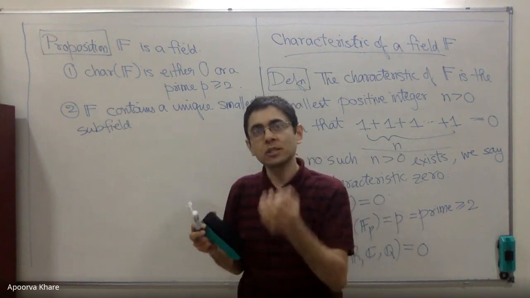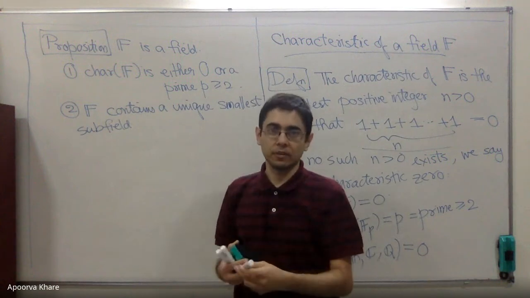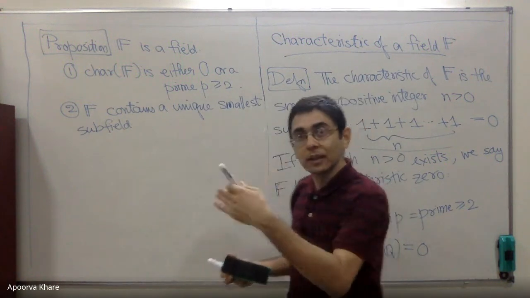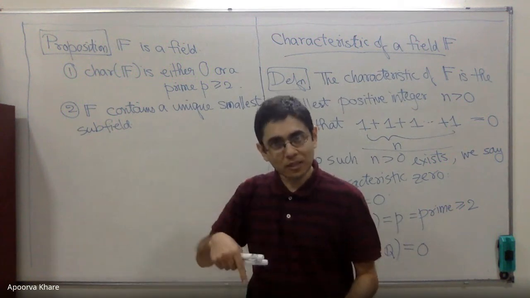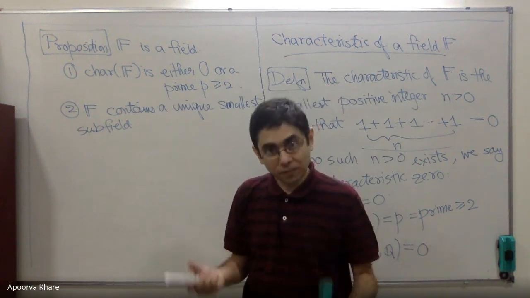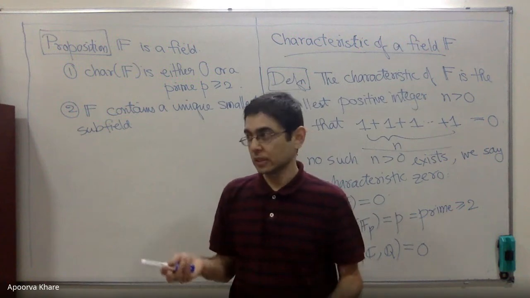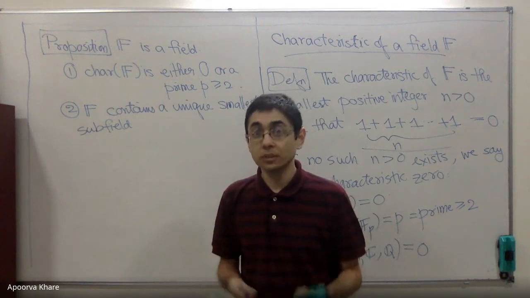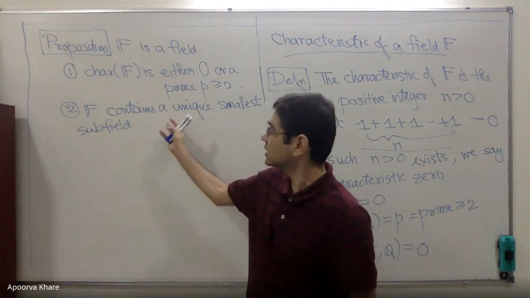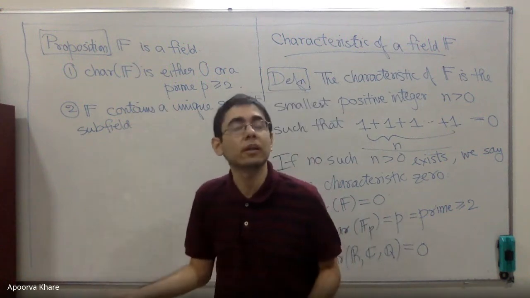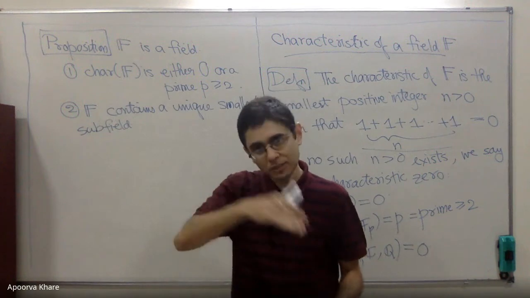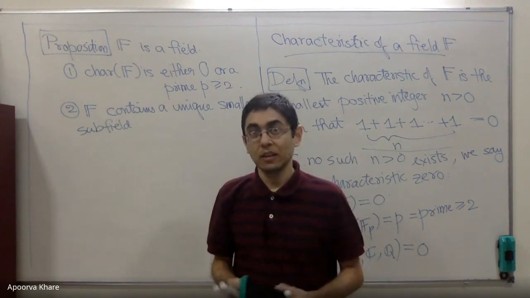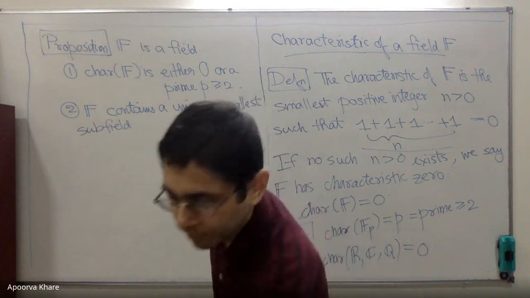But the real line is not the smallest subfield inside the complex numbers, because the rational numbers sit inside the real line and they form a subfield. Now, is there a subfield even smaller than the rational numbers? That's the question. Which is the smallest subfield in the complex field? We've gone down from the complex to the real to the rational, but maybe there is something further sitting inside it. Let's check.